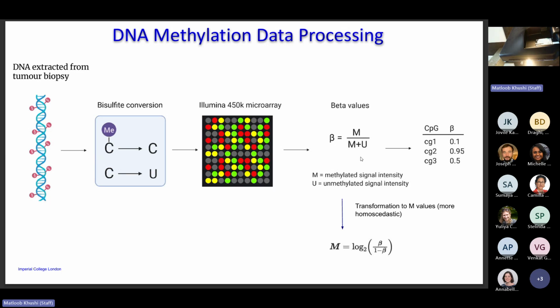A probe is a short fragment of DNA that's complementary to a defined region in the genome. You can have a few million probes that detect very specific locations, namely the CpG islands that I spoke of a few slides back. We transform these into M values because M values are more homoscedastic.